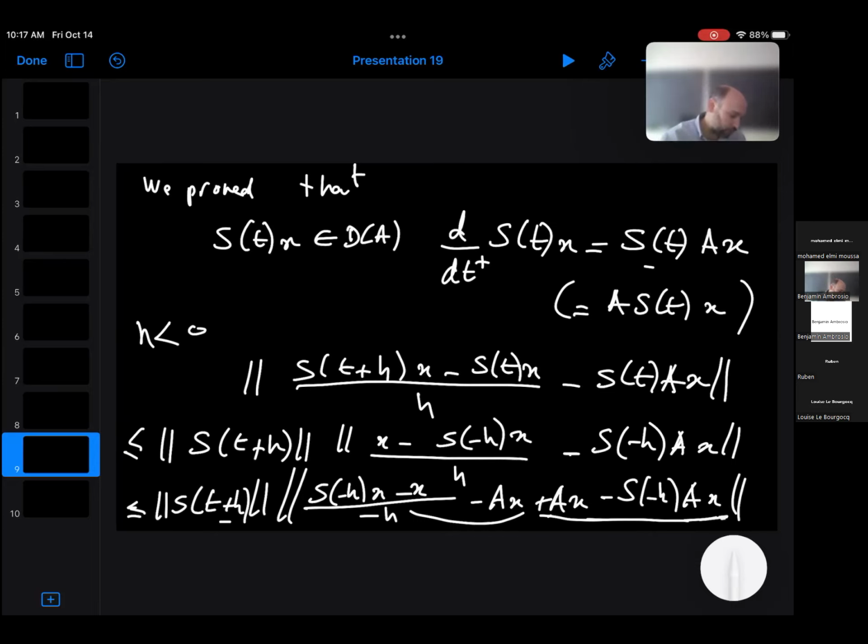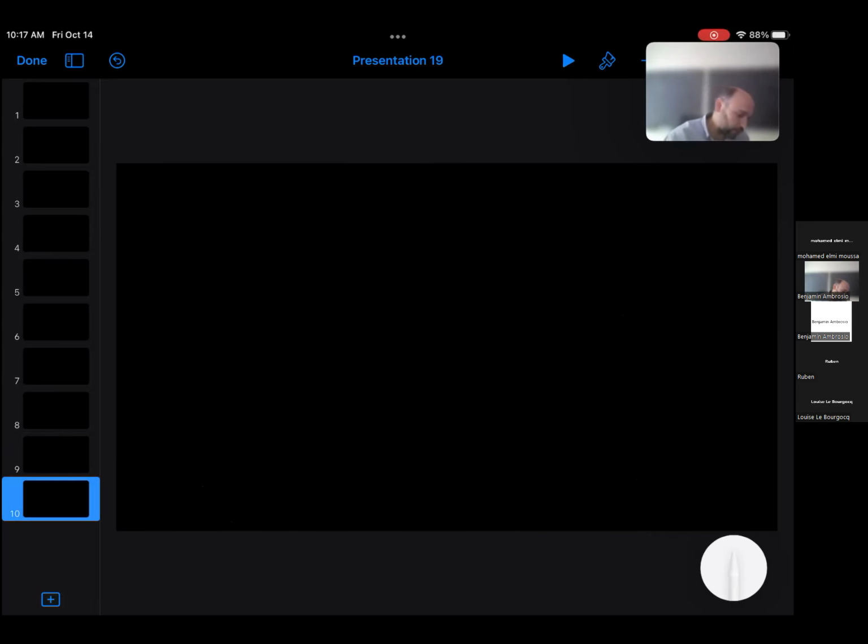What did we prove now? We proved that d/dt of S(t) applied to x is equal to S(t) of Ax.